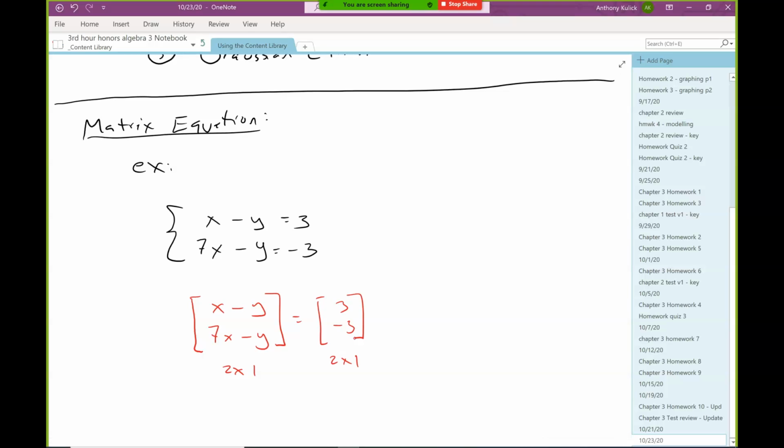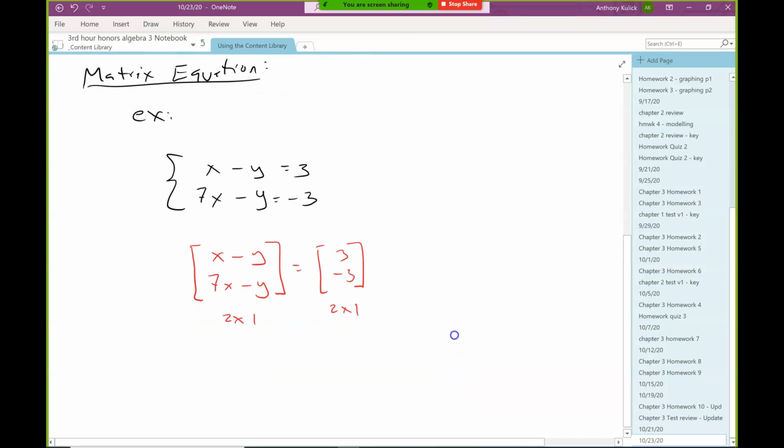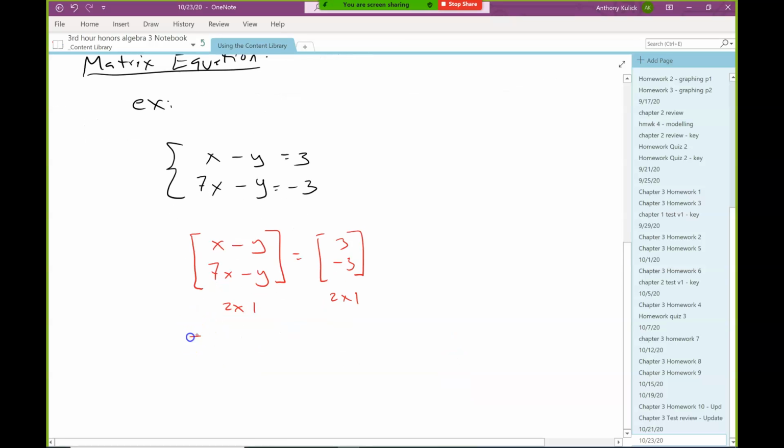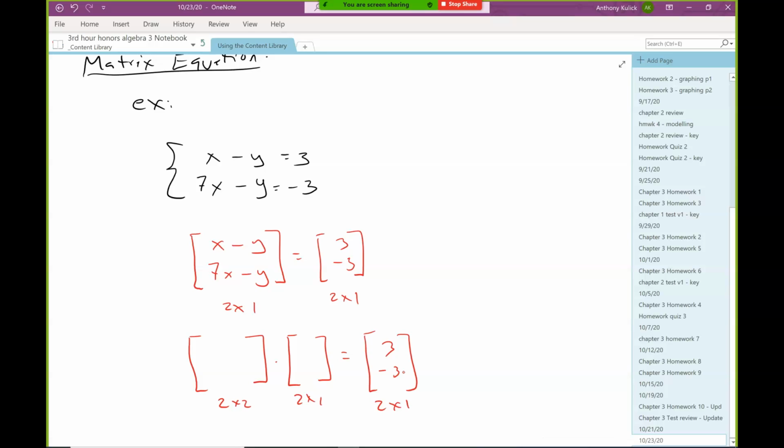What I'm going to do now is break this 2 by 1 matrix into a 2 by 2 matrix times a 2 by 1 matrix. And that's certainly possible, right? Because a 2 by 2 times a 2 by 1 still gives us a 2 by 1. Everybody's okay with that idea?